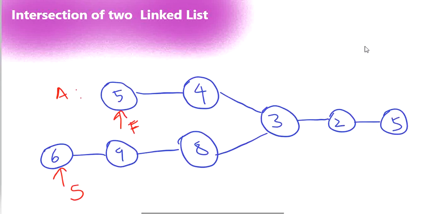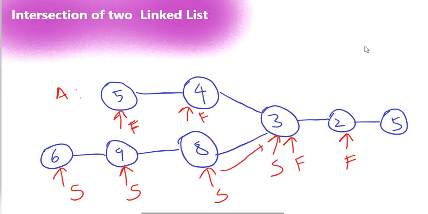In this case, it is not equal, so we move F to the next node, and S also to the next node. We check whether they are equal. No, they are not equal, so we move F to the next node and S also to the next node. Now they are not equal again, so we move F to the next node and S to the next node, that is, traveling from here to here.